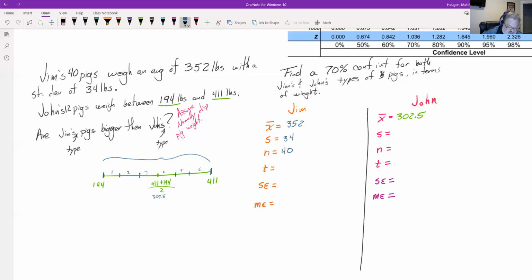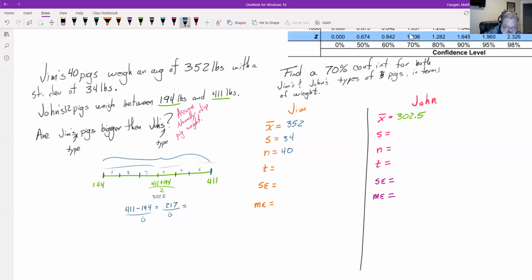So what is that range? 411 minus 194. What, 217? Yep. Divide that into 6 pieces for the 3 standard deviations on both sides. We need 6 pieces.